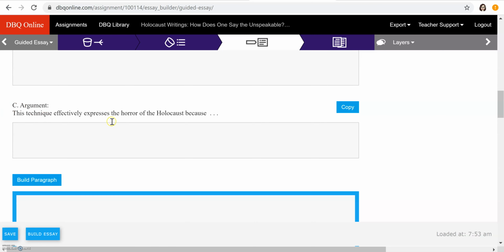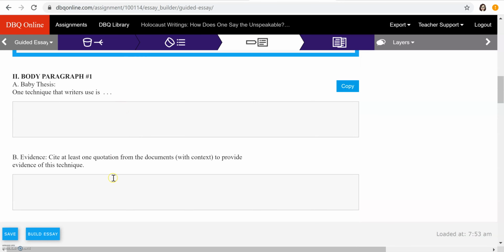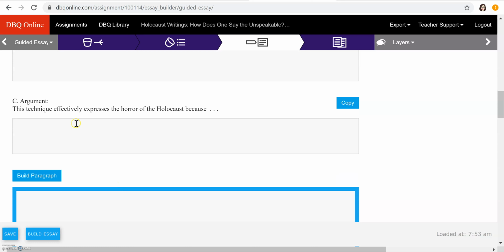And then this is where that explanation piece comes in, like when we ICE, because that's what you're doing here. Introduce, cite, and explain. Okay? So this technique effectively expresses the horror of the Holocaust because.